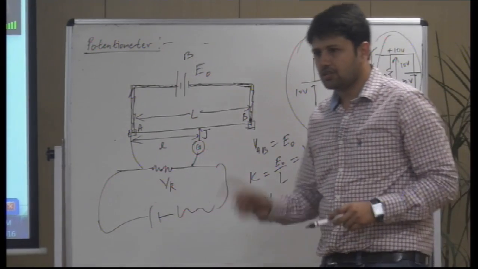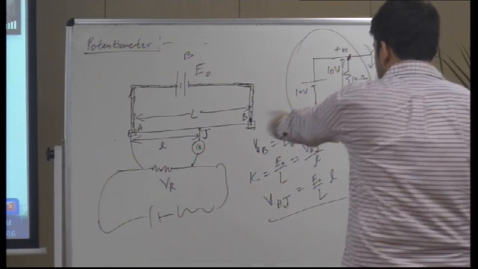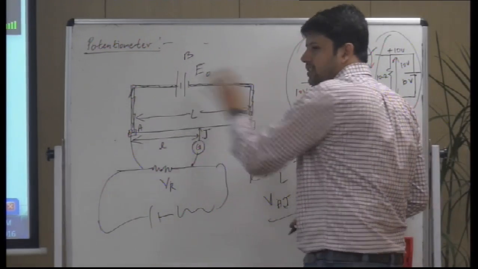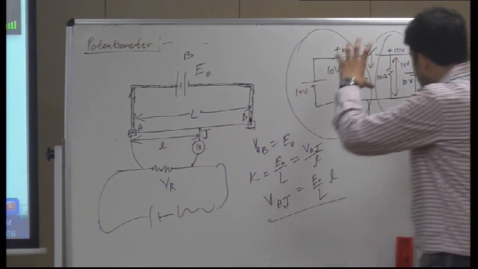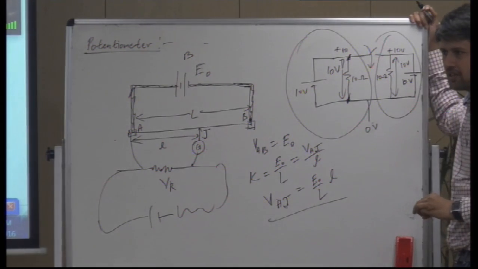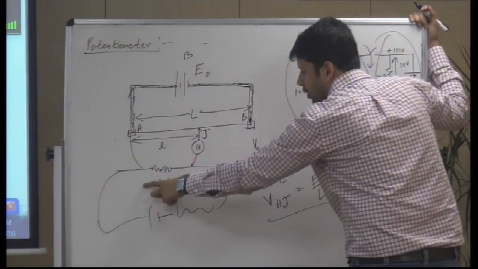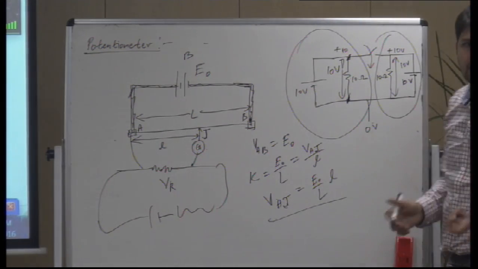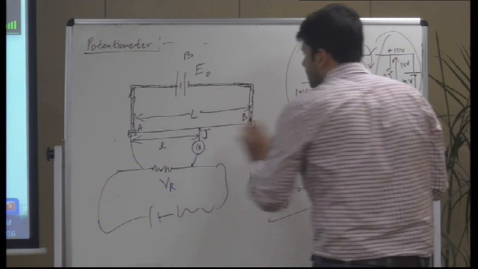No current flows from the potentiometer circuit to the external resistance or from the resistance to the potentiometer circuit. We try to find a balance point where the voltages in the upper part and the lower part are the same, and at that point no current flows, no exchange of current. That's why the galvanometer shows zero deflection.